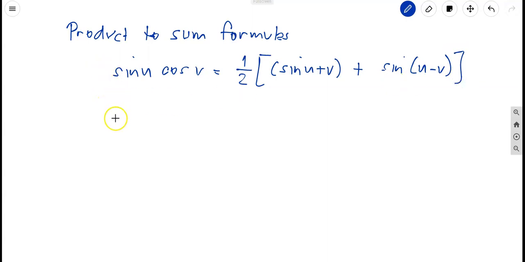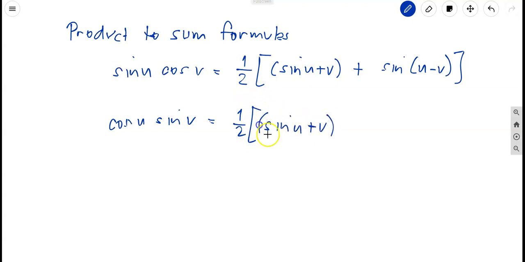Next, we have cosine u sine v is equal to 1 over 2 times sine u plus v minus sine u minus v.